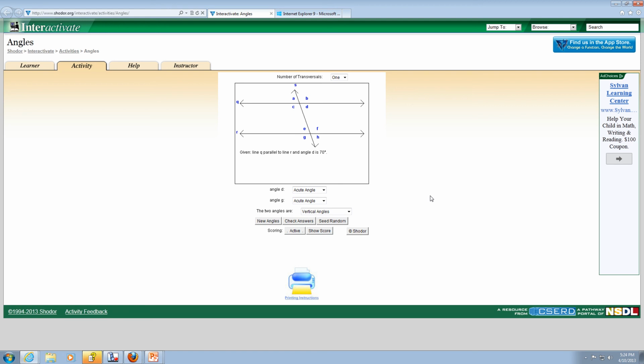So here we can choose the number of transversals. We're just going to stick with 1 for right now.